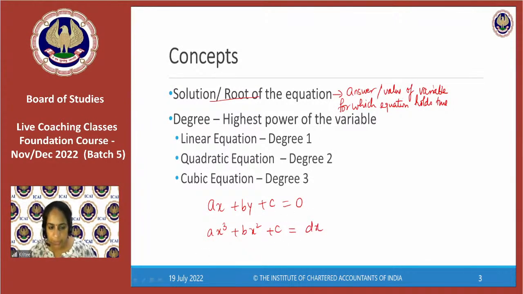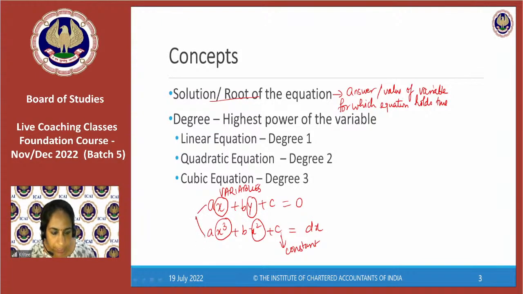Could be anything, it is just a representation. So these x and y for which we are going to solve the equations are known as variables. Okay, c here is constant, and these a, b and d are known as coefficients.